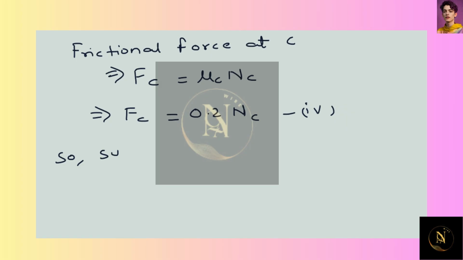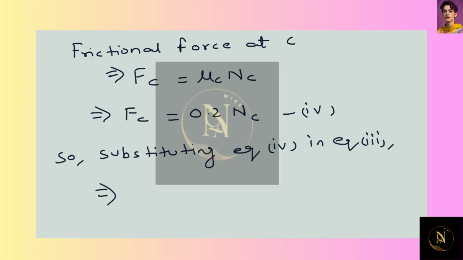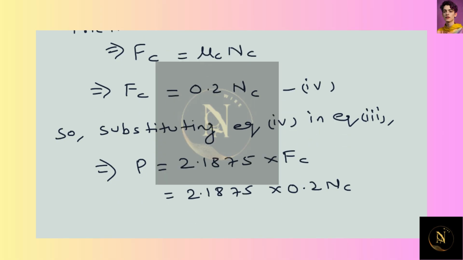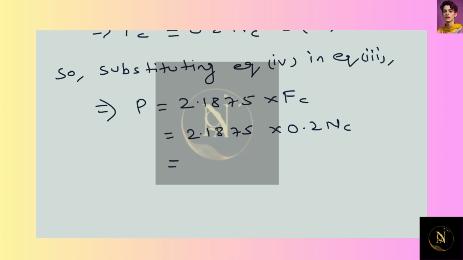Substituting equation 4 in equation 3, we can write P is equal to 2.1875 into FC is equal to 2.1875 into 0.2 NC.